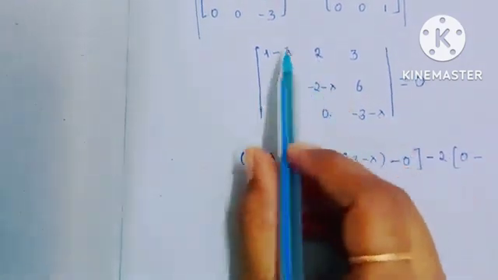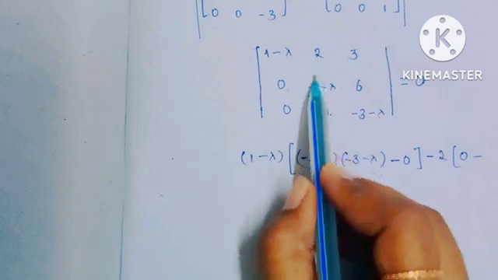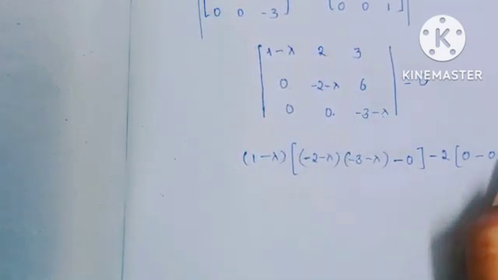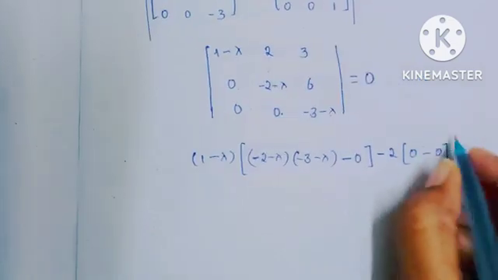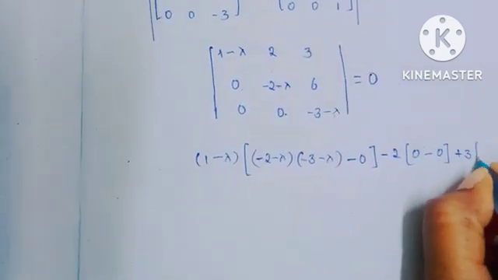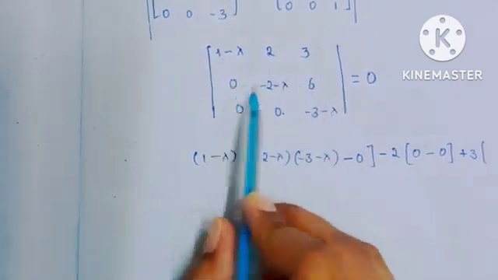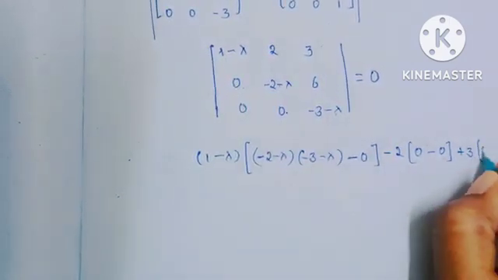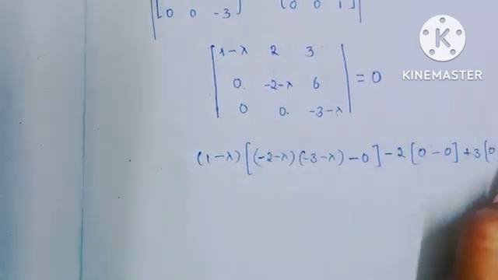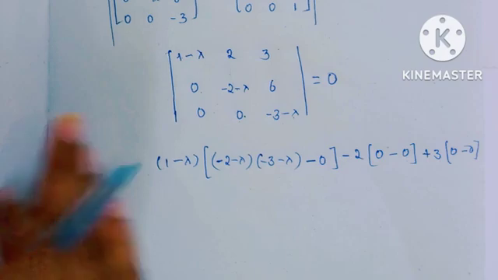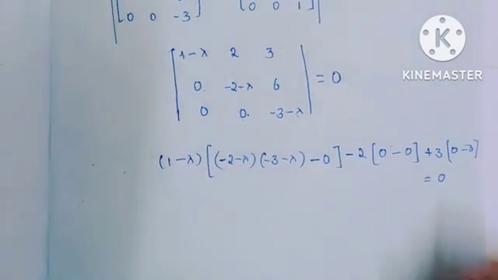If you close this row and this column, we get 0 into something, minus 0 into the minor of 2's entry, plus 3 into, if you close this column and this row, 0 into 0 minus 0 into something, which is equal to 0.